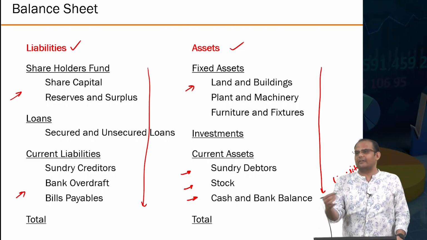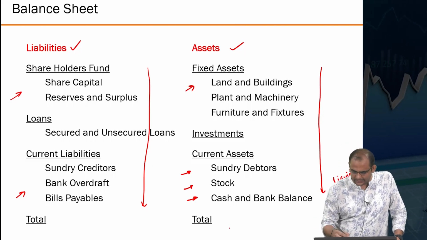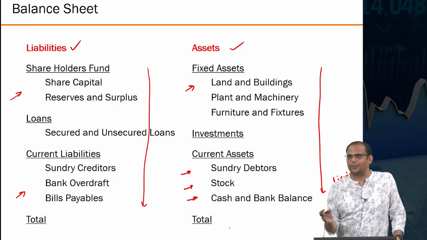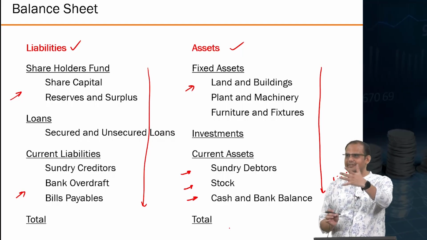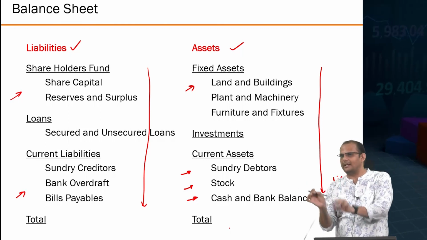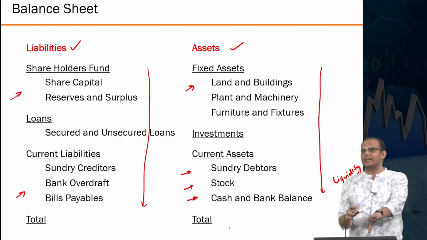Again, it's a convention that everyone follows, because even if you as an investor don't know what each of these items are, you can get some relative sense of how liquid or how illiquid a particular asset is. At least that information you will have.